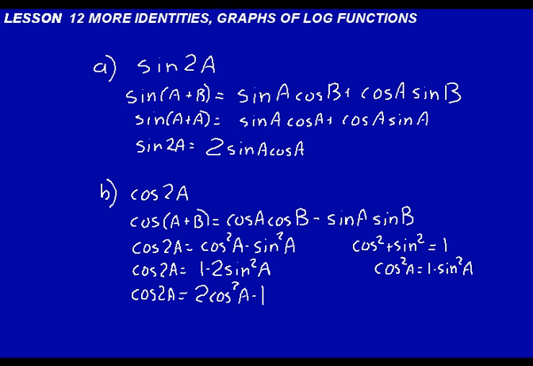So there we have three cosine identities. Just one sine double angle identity, but three cosine double angle identities.